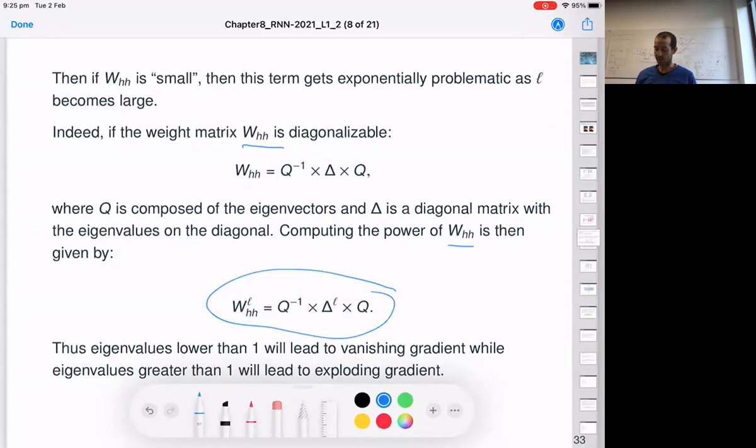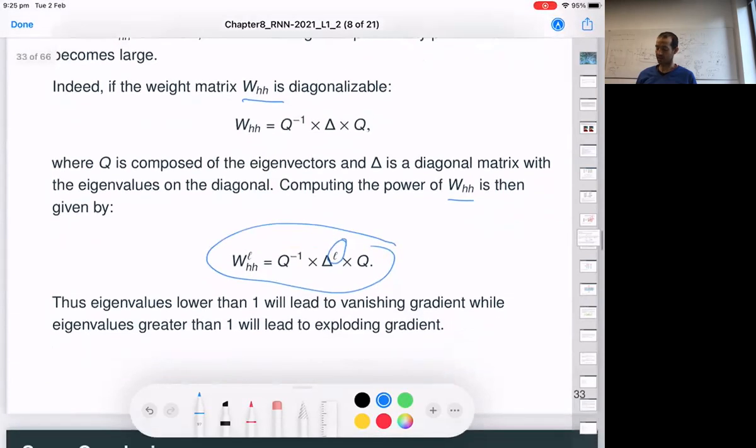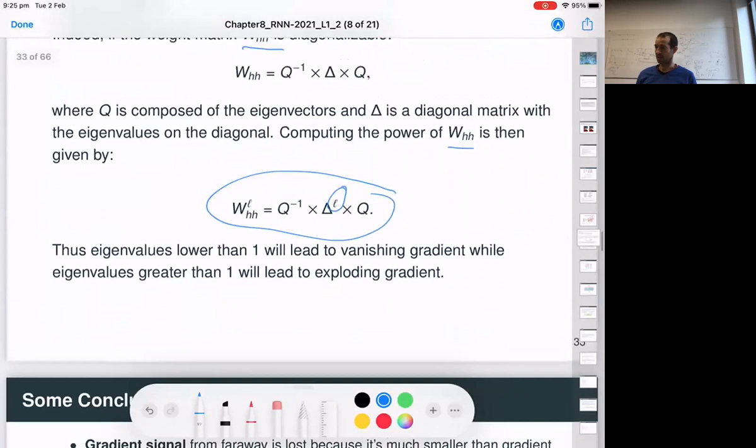And so if you have some eigenvalues lower than 1, it will lead to a vanishing gradient. But if you have an eigenvalue greater than 1, you will have an exploding gradient. So this comes from this l, and the way the RNN is computing the derivative, the gradient. I hope you get an intuition about this. Can I have a yes or no or lost?